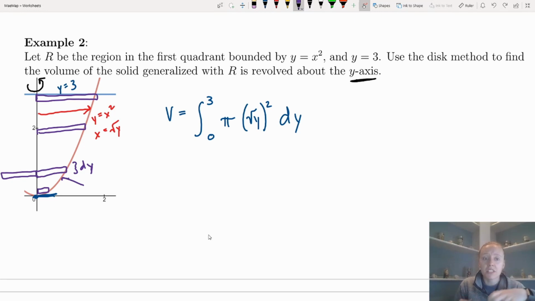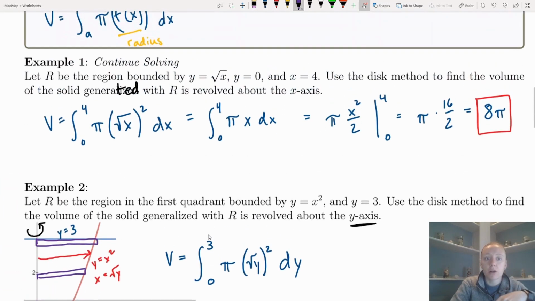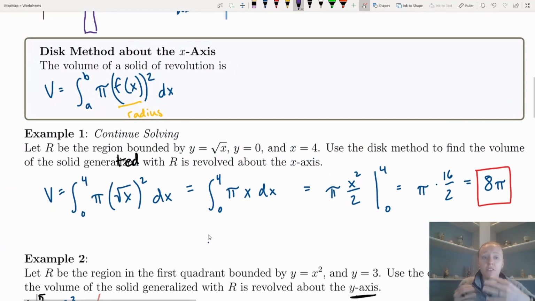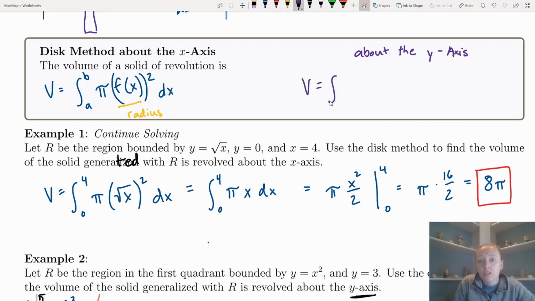So before we solve this out, let's go back up to our box and write the formula for the disk method, but this time we're going to do it about the y-axis. So we know that volume is going to be equal to, as opposed to going from A to B, let's leave that as some x values, let's go from C to D. And then we're still going to do our pi r squared, except it's going to be pi r squared with respect to y.